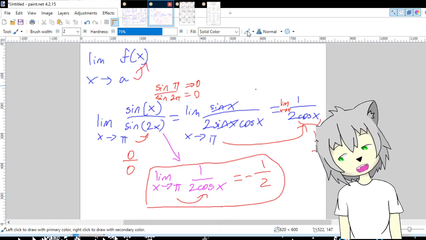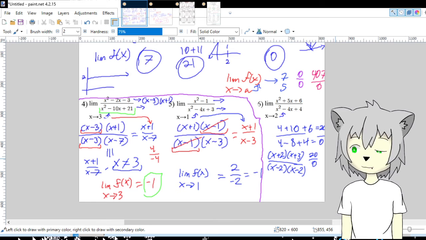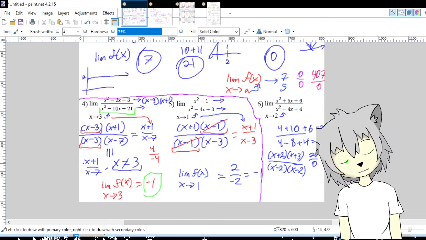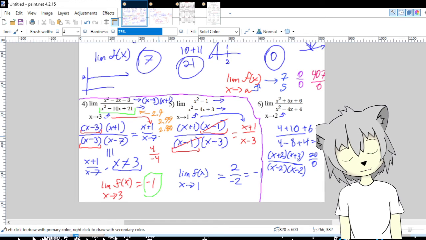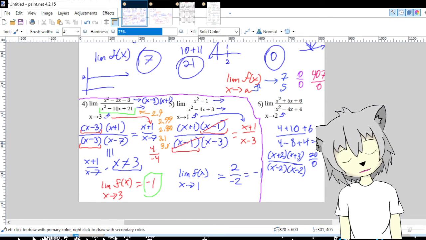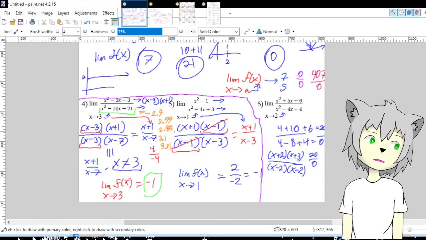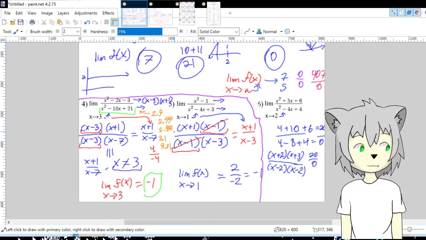Instead of doing all this work, you could have easily plugged in 2.9 and then 2.99, 2.999, and also 3.1, 3.01, and just get closer and closer to it, because that's also the same thing. You don't even have to do all this work. You could just type in all that and take a good guess.